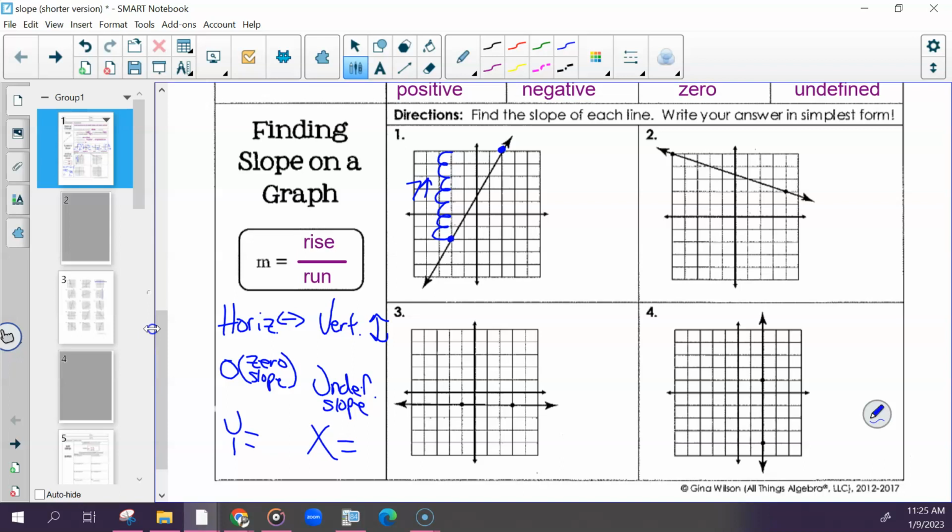Make sure that you put your comma up. Okay, and then from there, how many over? If you can't see this, it says 7 with an up arrow. So then because our slope needs to be written in fraction form, I write it with the arrows first.